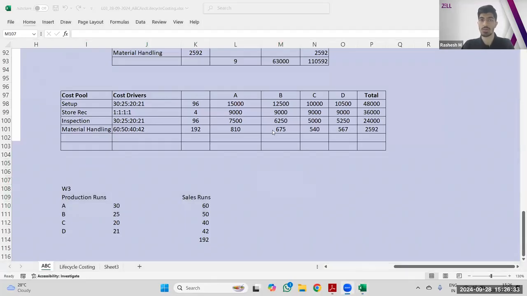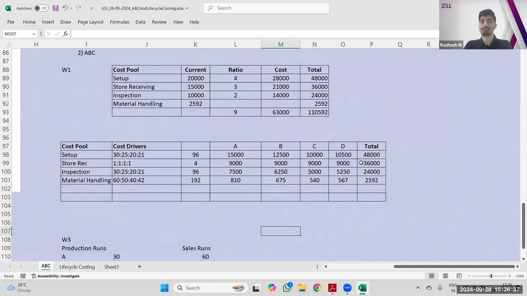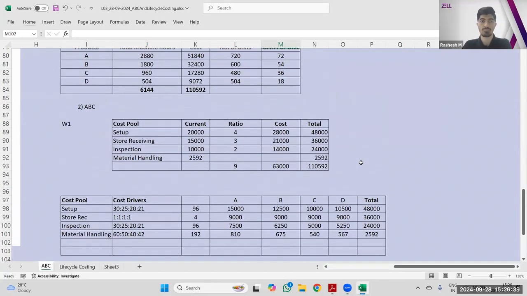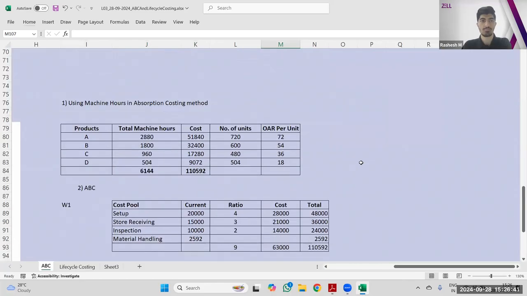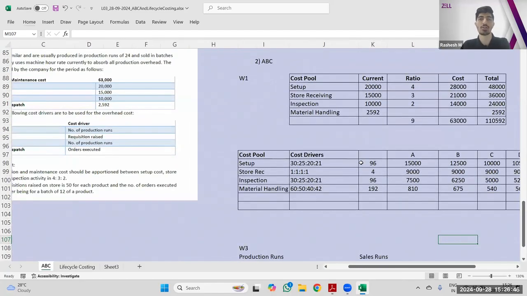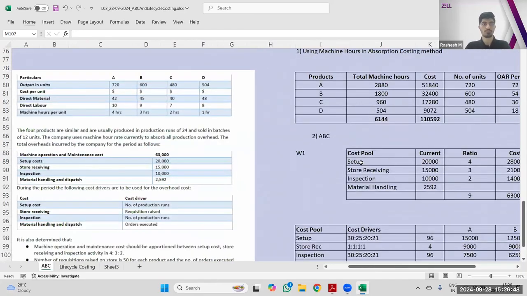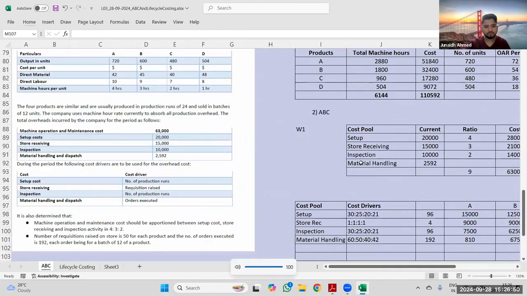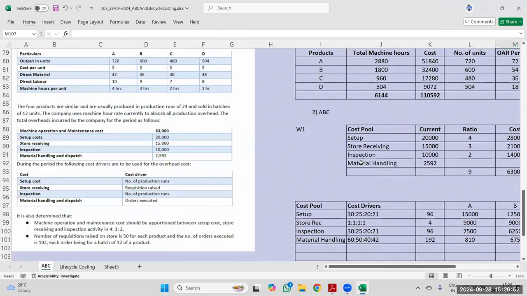Tisha, Meera, Arya, all correct. Any confusion, anyone? We've become a little too silent. Anyone all clear? Yes, sir. Yes, sir. Yes, sir.